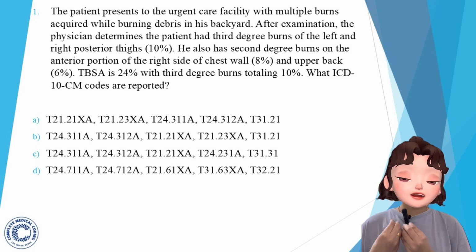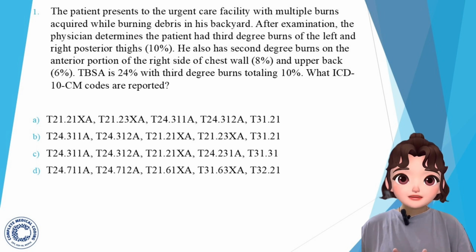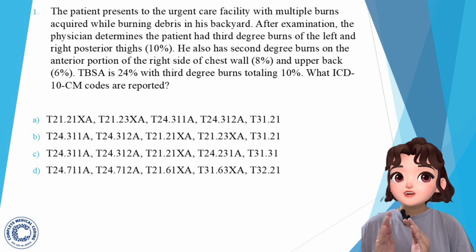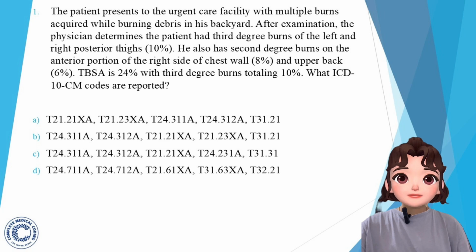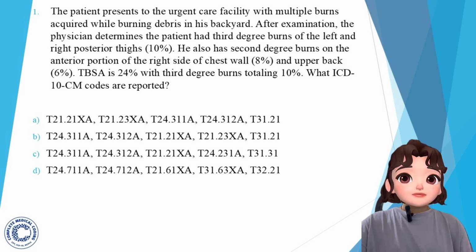So you can directly eliminate options A and D. Now you can check only options B and C. In options B and C, the first 3 codes are the same: T24.311A, T24.312A, T21.21XA. Only the last two codes are different. So like that you can find out the answer.